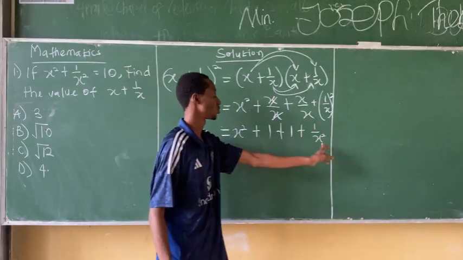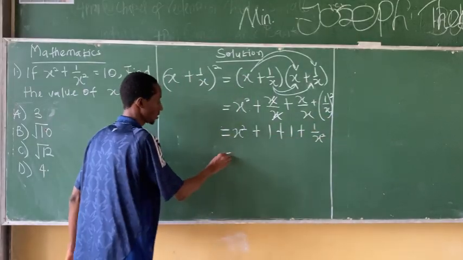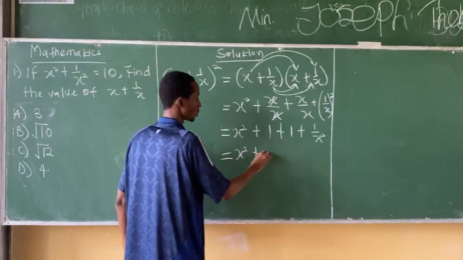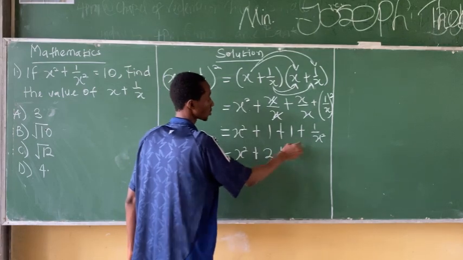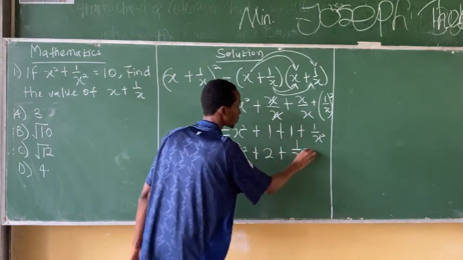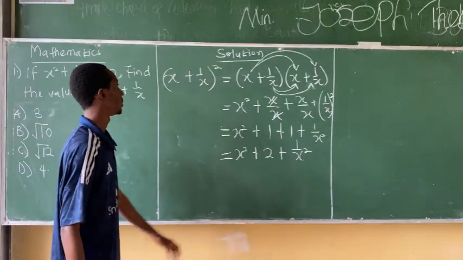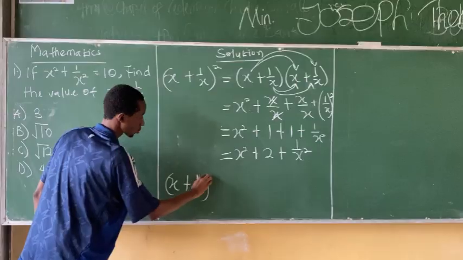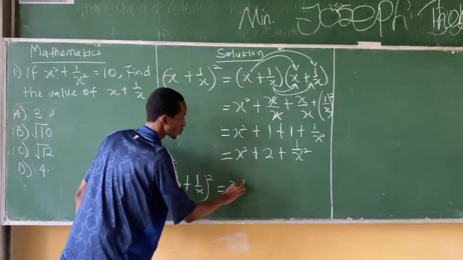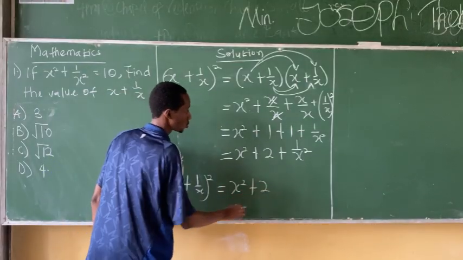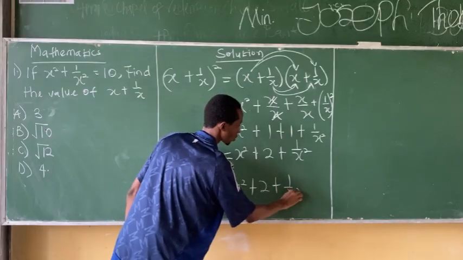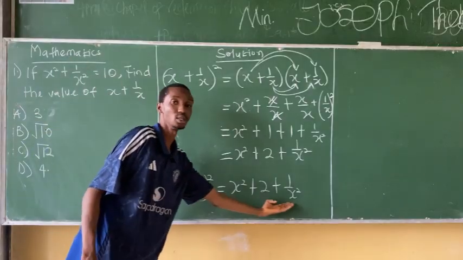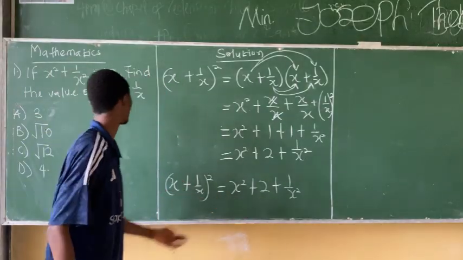If you simplify this, this is what you have. This is equal to x squared plus 1 plus 1 gives us 2, plus 1 all over x squared. It therefore means that x plus 1 over x all squared is equal to x squared plus 2 plus 1 over x squared.